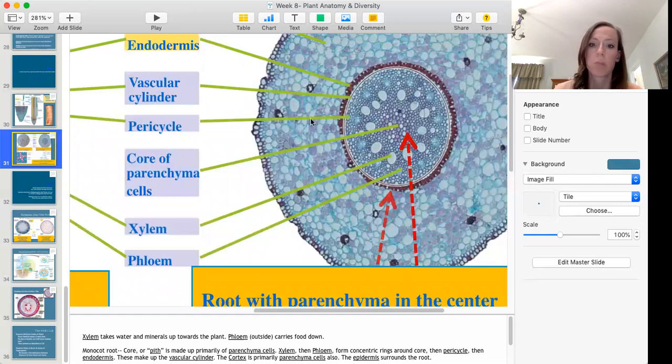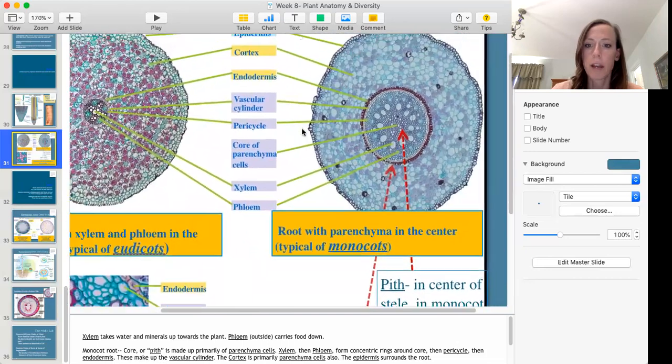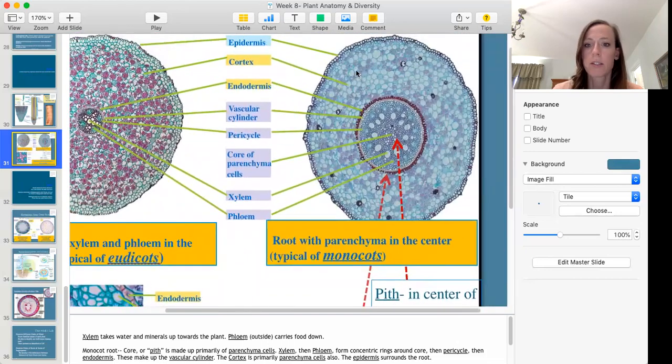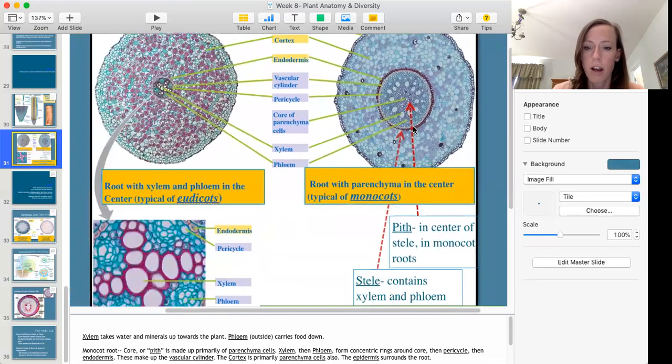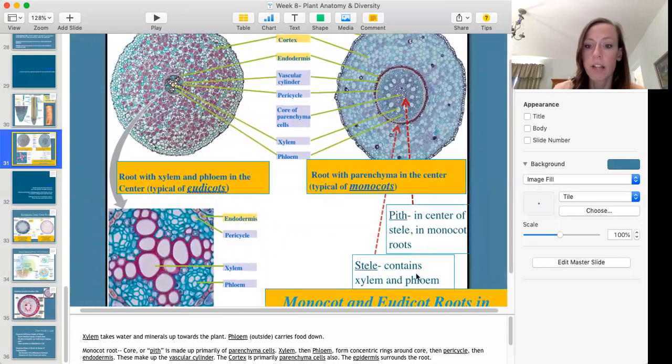The root hairs actually emerge from the pericycle and travel out to the outside of the root, excuse me. And then I'll just zoom back out to show you this is the cortex made up of parenchyma cells, the epidermis. The stele is often referred to as the section here, the vascular cylinder that contains the xylem and the phloem.